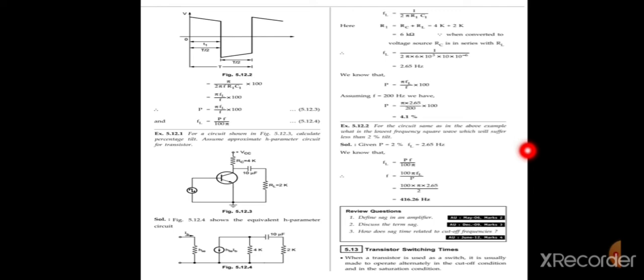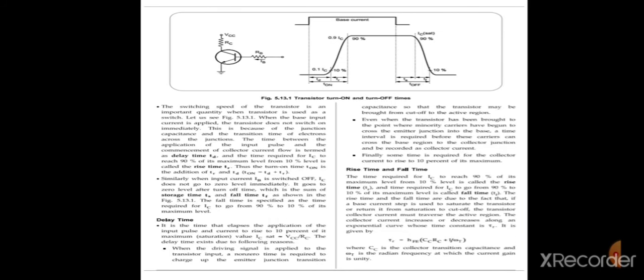Next, we have to see about transistor switching times. When the transistor is used as a switch, it is usually made to operate alternately in the cutoff condition and in the saturation condition. The switching speed of the transistor is an important quantity when the transistor is used as a switch. When the base input current is applied, the transistor does not switch on immediately.